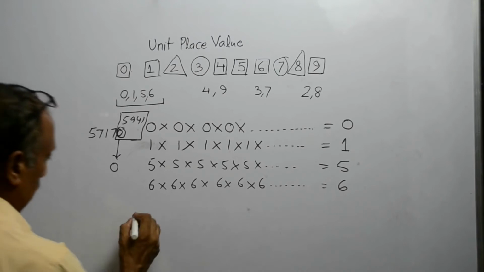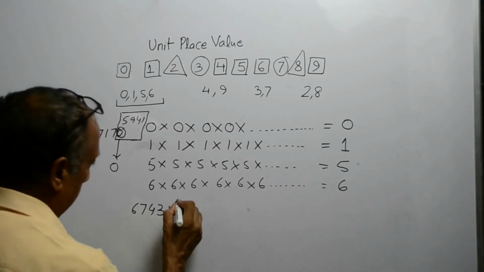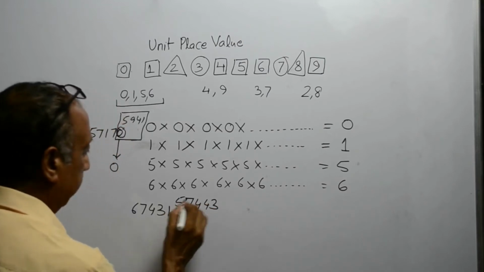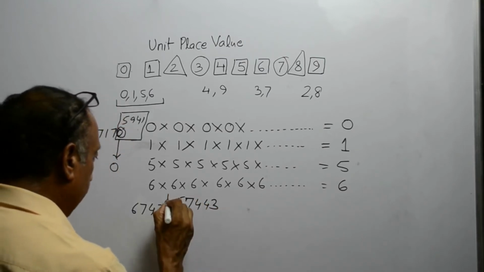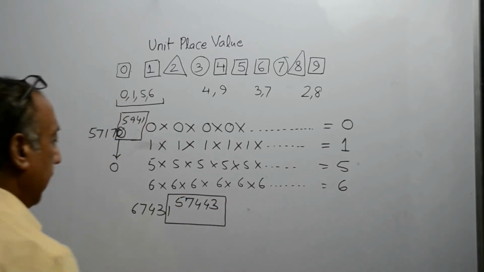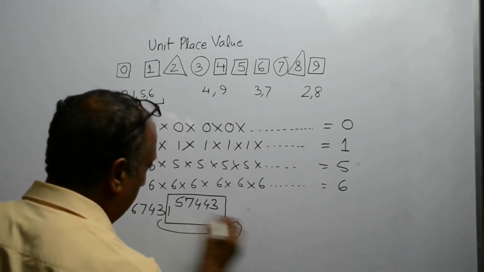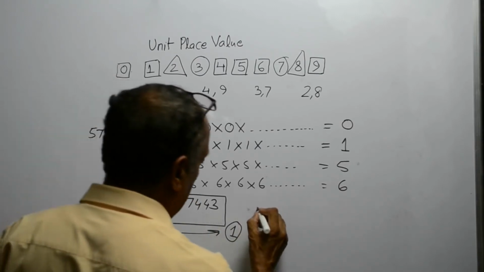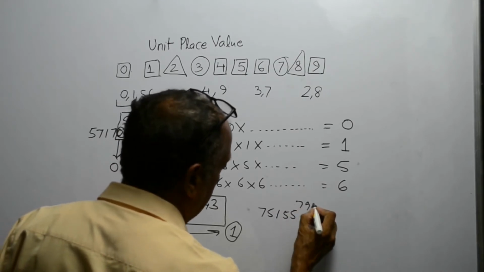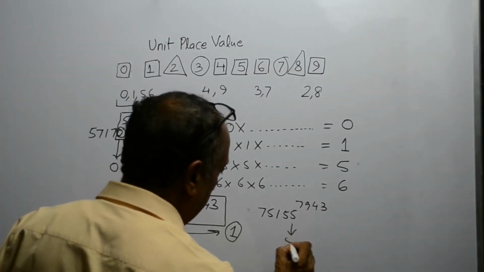In the same way, suppose a number is having 1 as the last digit and its exponential is 57443. When 1 is multiplied 57,443 times, it is going to give us back 1 as the last digit. And in a similar way, for a number having 5 as the last digit, whatever may be the value of its exponential, we are going to get back 5.